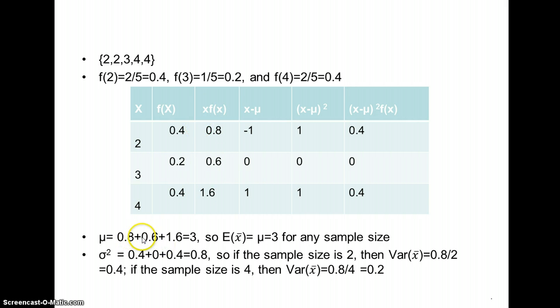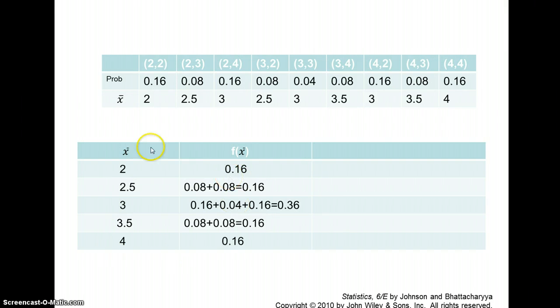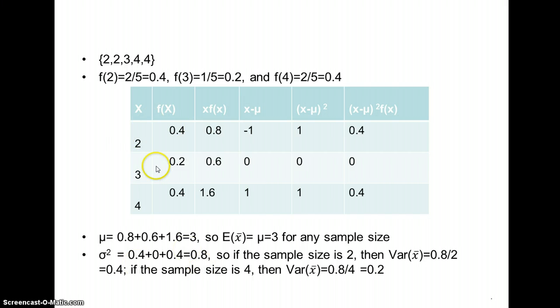So 0.8 plus 0.6 plus 1.6 is equal to 3. That is mu. If you use the other table to calculate, you should get the same answer, 3 too. But again, it's easier to just do the population mean because there are only three different values for the population.